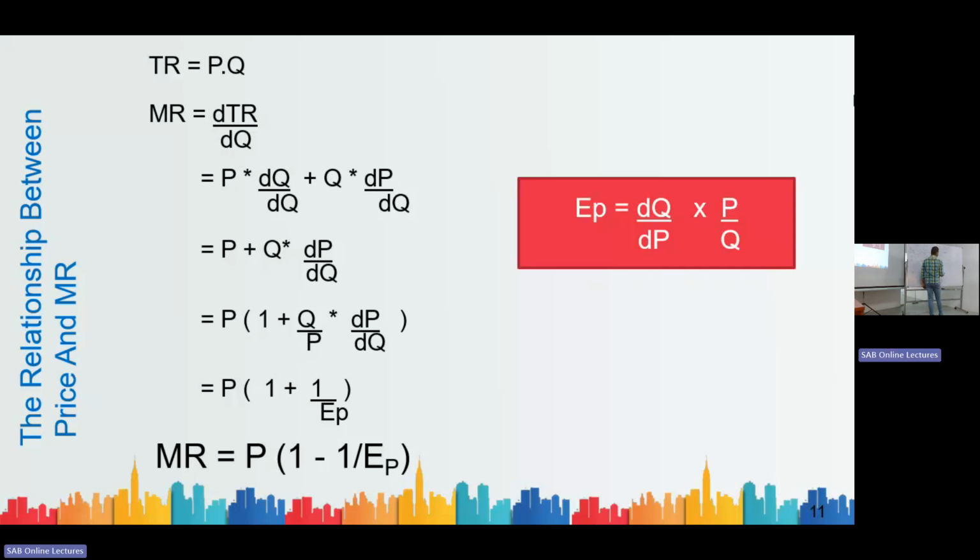So when price elasticity of demand is 2 in its absolute value, marginal revenue is 7.5, which is positive. So at this point, you can observe marginal revenue takes a positive value.